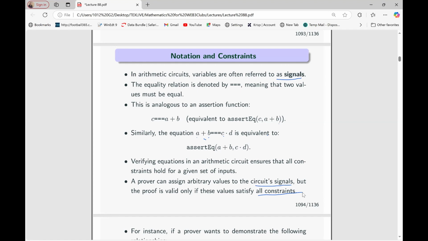That's why I call them a system of equations. So you have the liberty to assign a value to those signals, or to those variables.